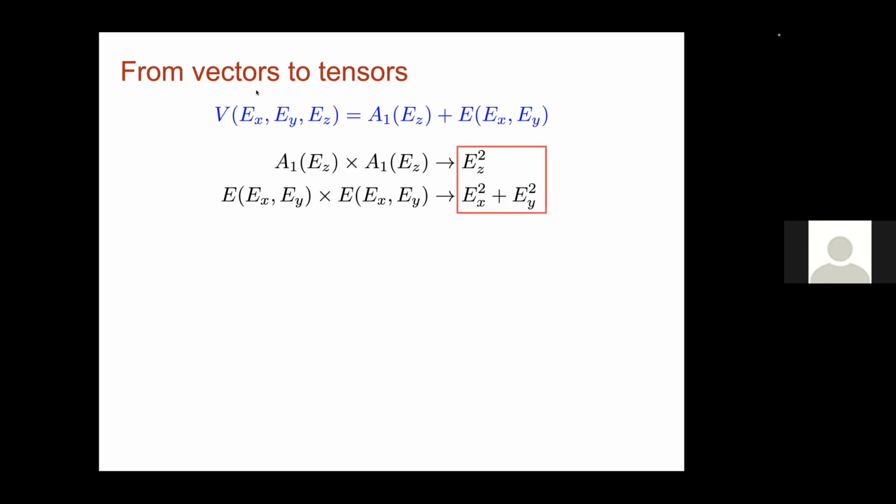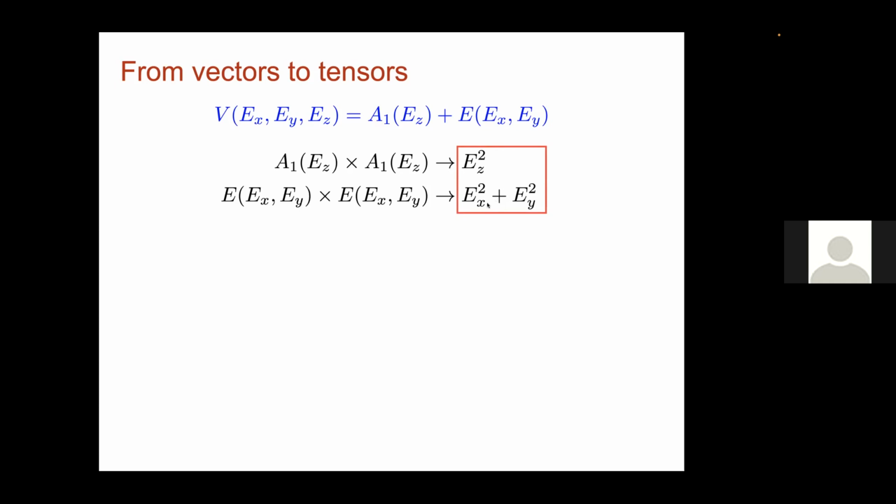Well, you may say we have another invariant because the norm of this is also invariant, EX squared plus EY squared plus EZ squared, but this is a linear combination of these two, okay? So if you want to find all the linearly independent quadratic invariants, you just look at the irreps and the corresponding norms and just the invariants.